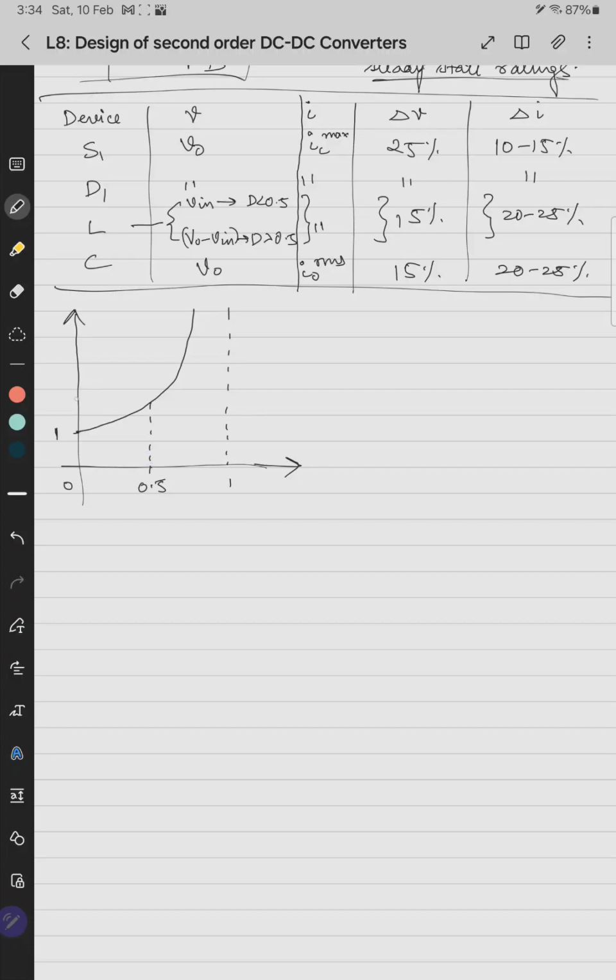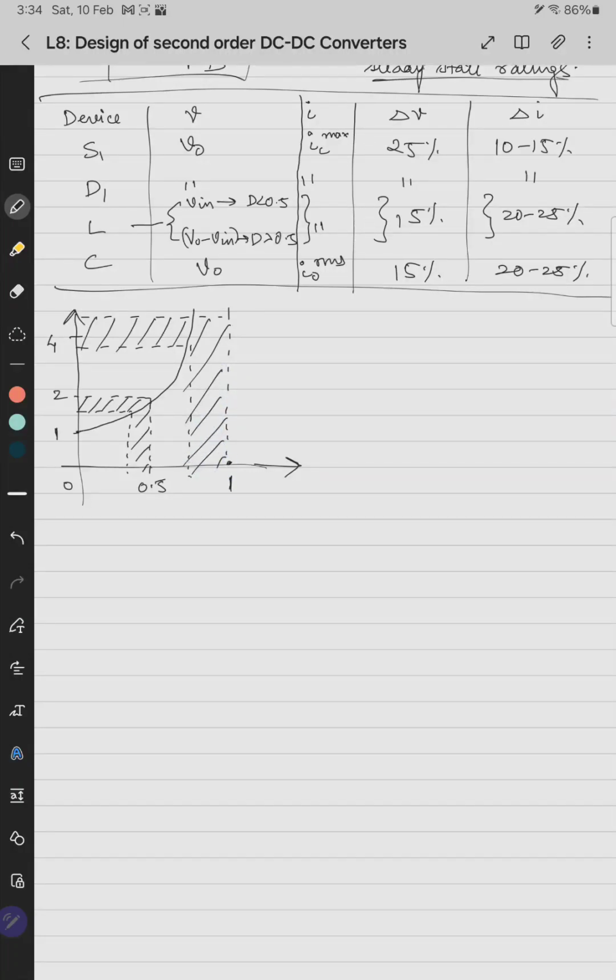For 0.5 the gain is 2, this is 2. So the preferable range of operation lies here. There are two bands.